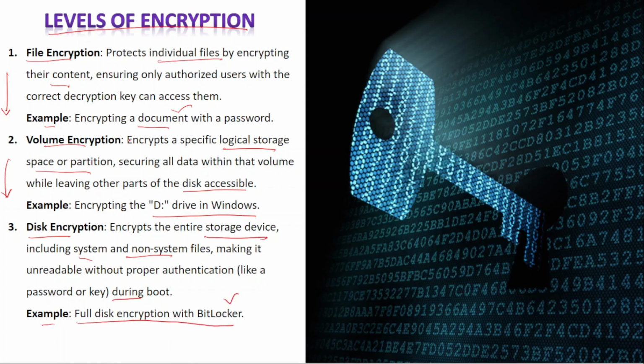So the difference between volume and disk encryption is that in volume encryption, you only encrypt a single partition or a drive such as D, while in disk encryption, also known as full disk encryption, you encrypt the complete HDD or the hard drive, including all the partitions such as, in this case, the C, D, and if there are other drives such as E, all are encrypted, including system files.